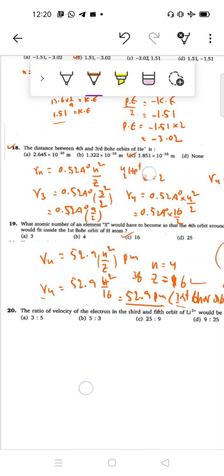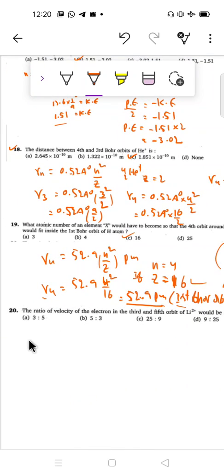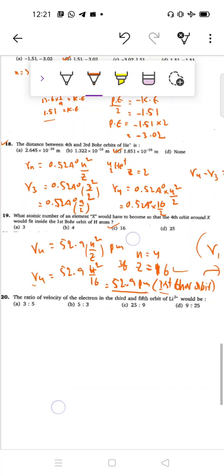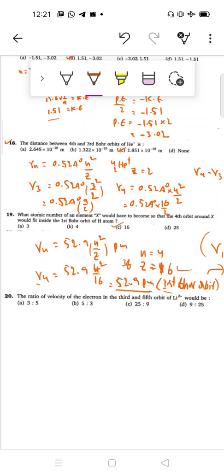Then we can get the answer. Then next question is 20. This is very easy. The ratio of velocity of electron in third and fifth orbit of lithium 2 plus would be, simply take the velocity equation v1 Z by n.